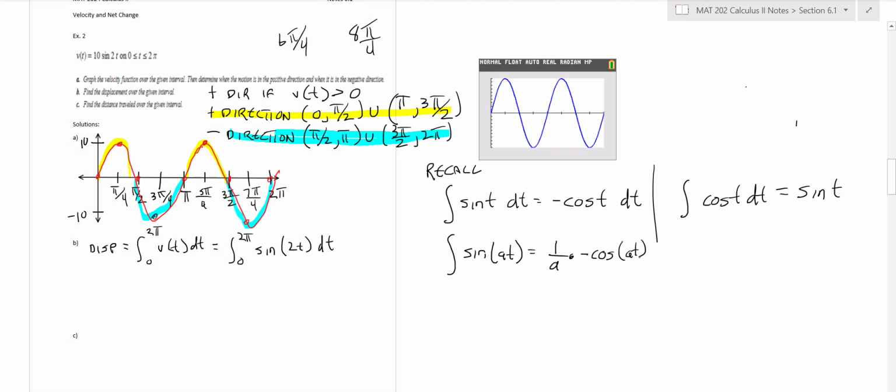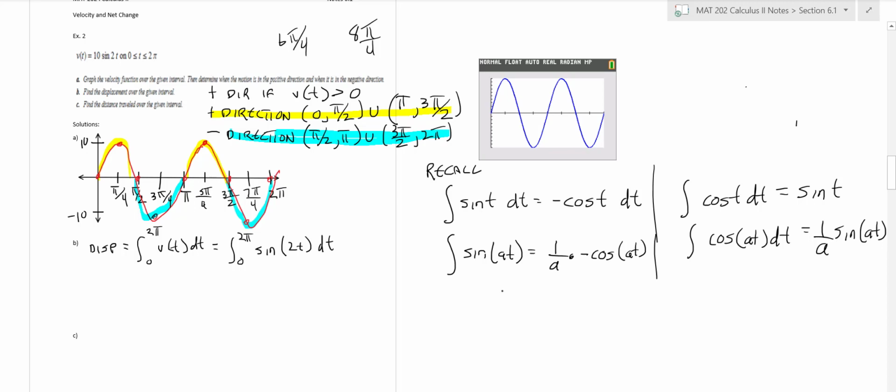And so we're going to get that antiderivative that way. Same thing happens on the cosine. If you did the integral of cosine at dt, that ends up being 1 over a sine of at. And you want to convince yourself in your mind why that works, okay?